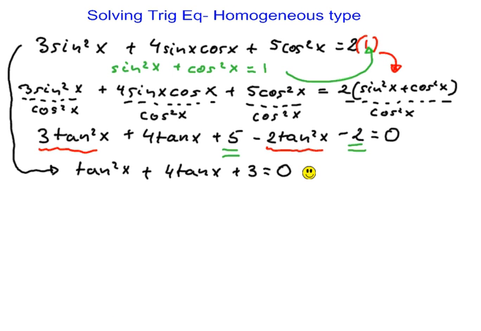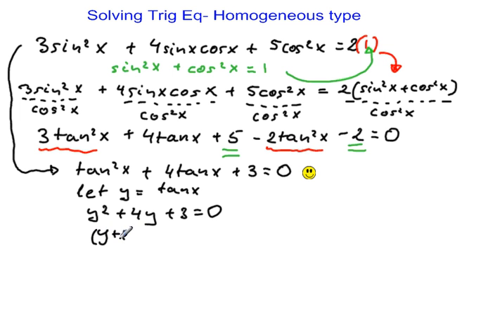And we can do this quadratic equation now because we know what to do. So we'll assign a new variable, let y be tan x. So quickly we have y squared plus 4y plus 3 is equal to 0. Alright, can we factor it? I think we can. So this is y plus 1.